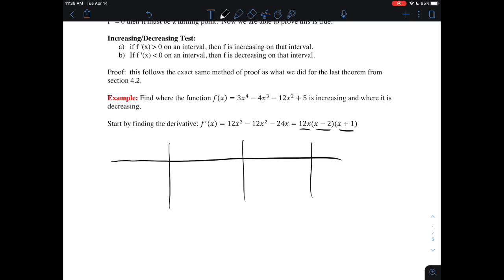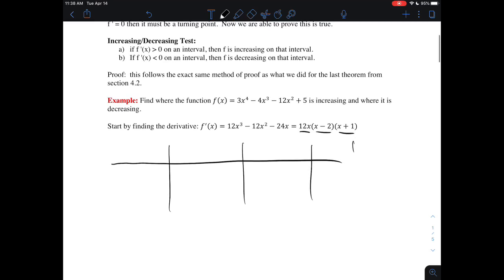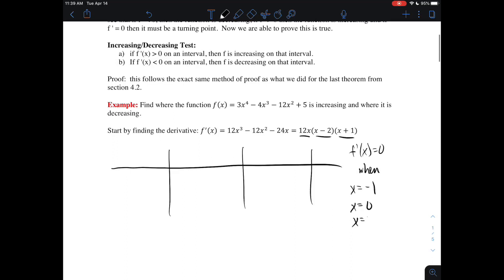What we can use are the zeros of those factors, meaning f prime of x is equal to 0 when those factors are equal to 0. So when x is equal to negative 1, because that's when x plus 1 is equal to 0, when x is equal to 0, because that's when 12x is equal to 0, and when x is 2, because that's when x minus 2 is equal to 0.